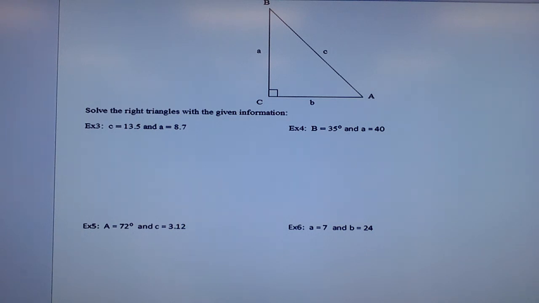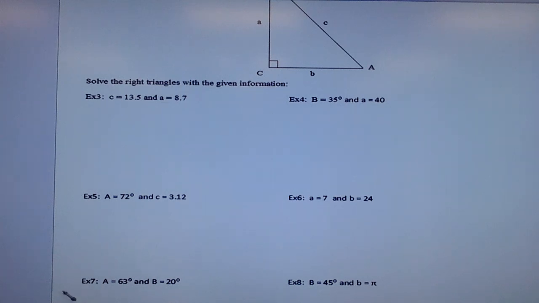I don't want to automatically do the first two. Tell you what, I'm not going to do any of them. I want you to do them all. So I'm going to cross off examples 7 and 8. And I want you to do 3, 4, 5, and 6 as your classwork for today.